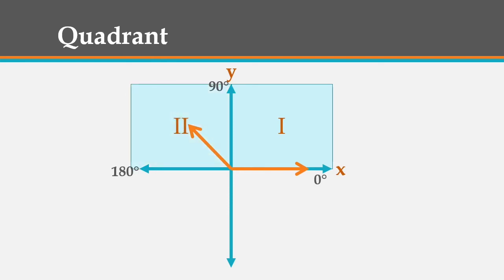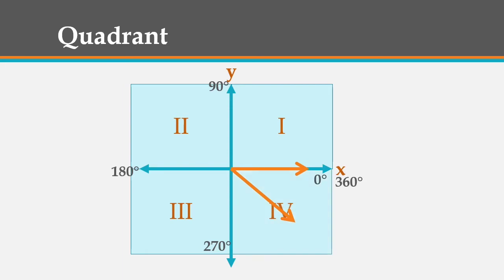As we rotate past 180 before 270, you'll see that we are in the third quadrant, and as we rotate past 270, we are in the fourth quadrant. You'll notice that 0 and 360 are at the same place. We'll have a term for that in a second.